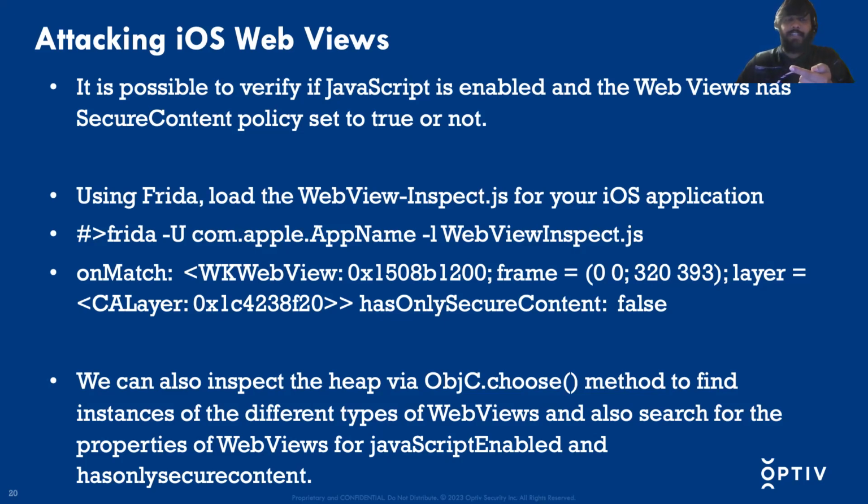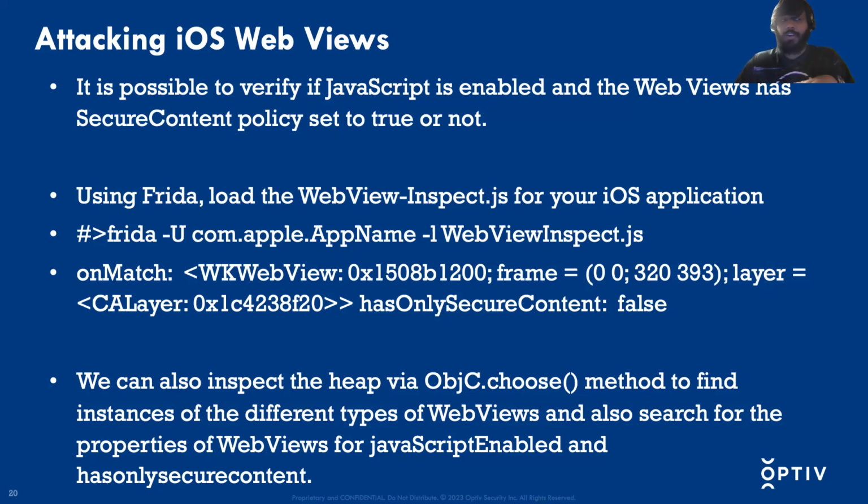The command I use is frida -U, then the com.apple app name, which is your vulnerable app or any iOS application, then -l to specify the location of your WebViewInspect.js file.